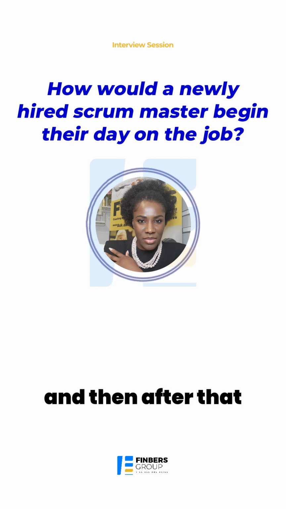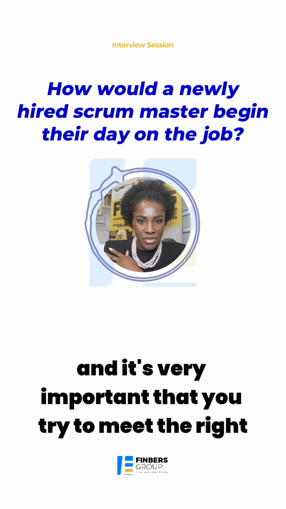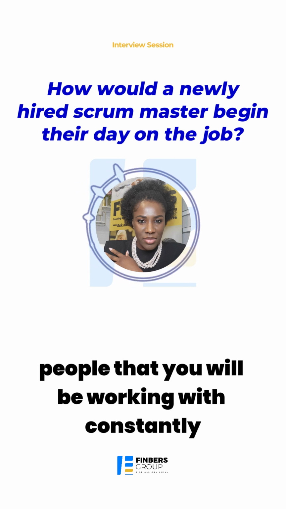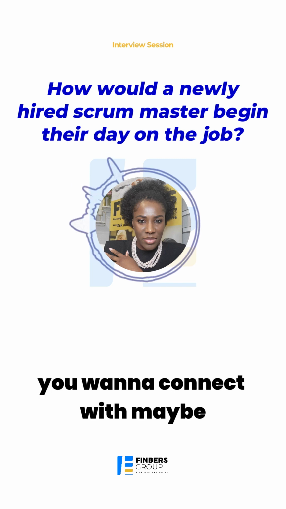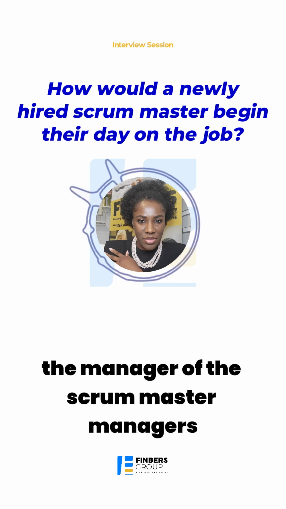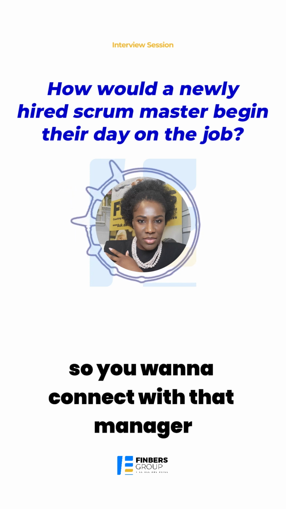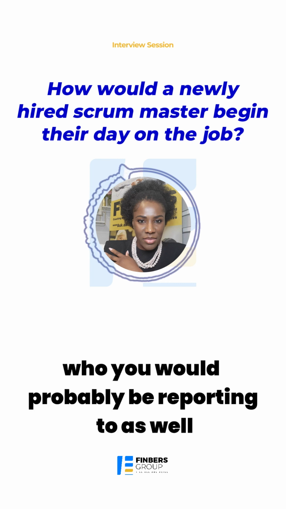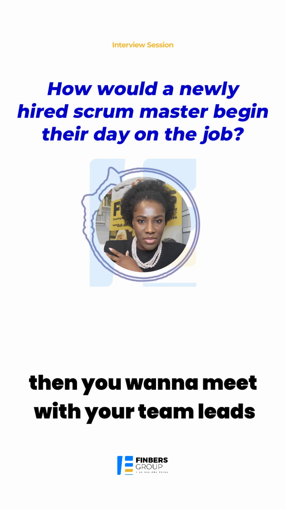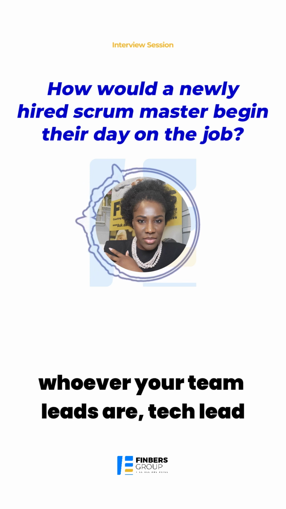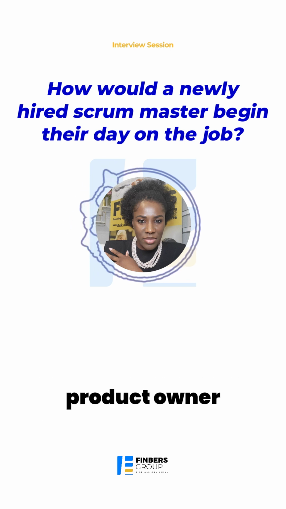And then after that, you'll be doing meet and greets. It's very important that you try to meet the right people that you will be working with constantly. For example, you want to connect with the Scrum Master managers, who would be the person that you probably report to or align with. You also want to connect with your direct manager, who you would probably be reporting to as well, and do a one-on-one. Then you want to meet with your team leads, tech lead, product owner, and your team.